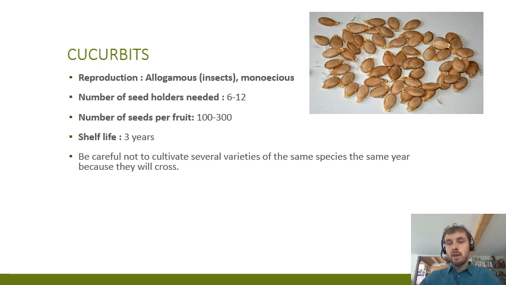So you should really be cautious if you plan to produce seeds of cucurbits to not have two different varieties of the same species near one another. Otherwise, you will get a cross breeding of these two, and you won't get the results that you want. So this is really to be careful with cucurbits, because sometimes we don't know that they are from the same species because they are so different.